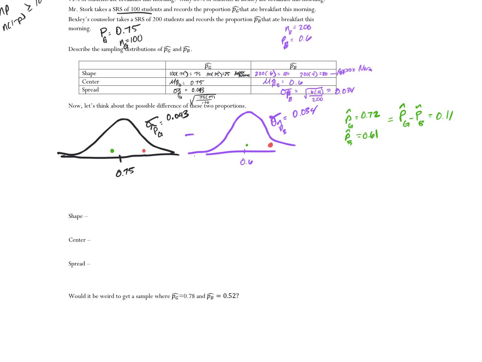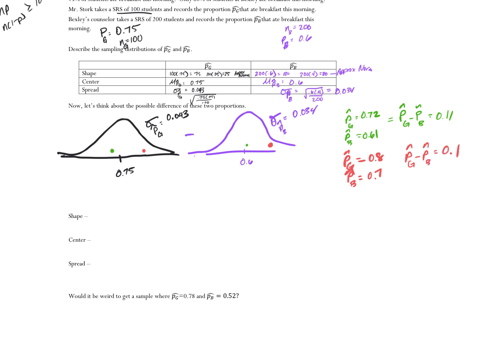So I might look at that first p-hat for Grandview, and that one looks to be about 0.8, and p-hat for Bexley is probably about 0.7. Okay, so now what is the difference between my two p-hats?